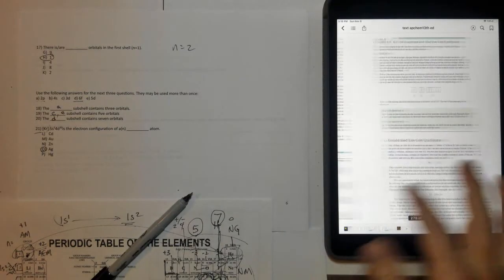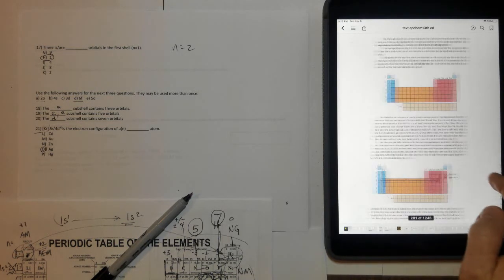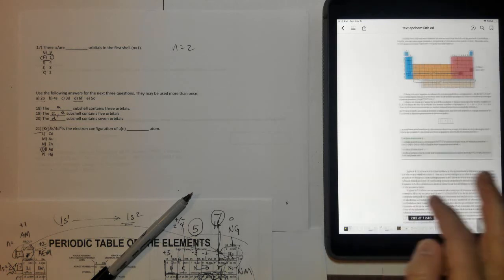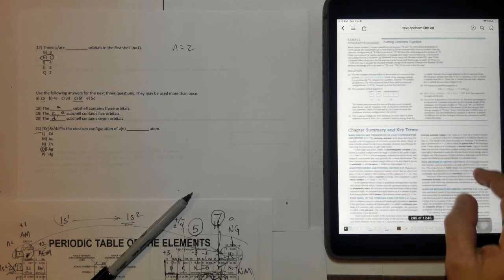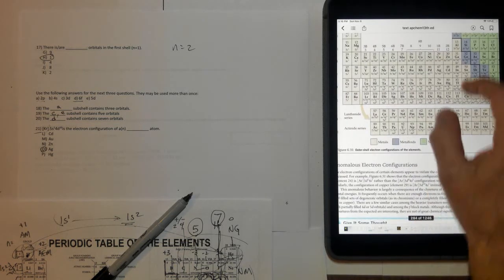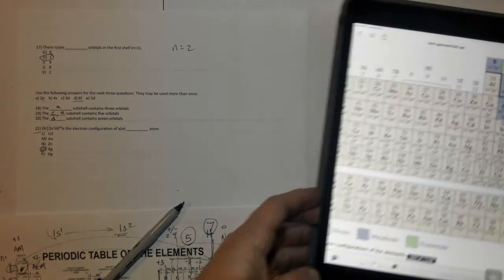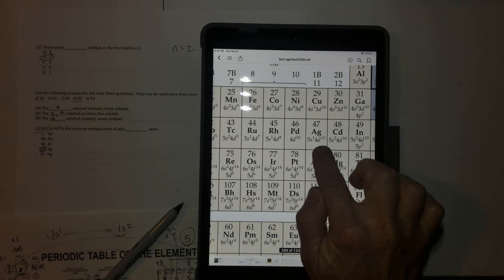So let's just go to a place where we have a few exceptions to this electron configuration, and let's note a couple of those strange exceptions. And you can see in the anomalous configuration area that you have the silver right here being 5s1 4d10.